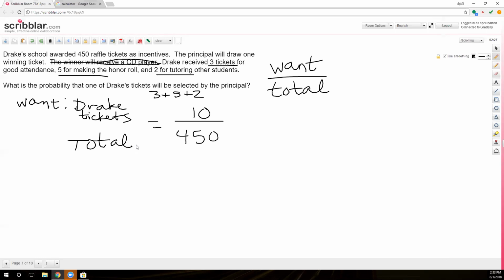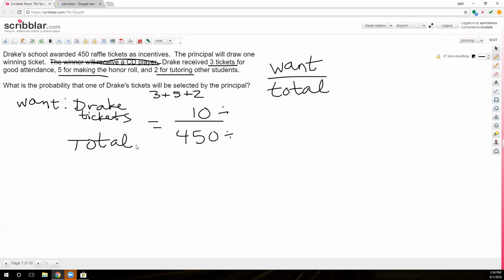So our first option of how to write the answer was to reduce this fraction. Is there anything that divides into both 10 and into 450? Two works. Can anyone think of a bigger number? 2 does work, and it's definitely a great option. 10 is a bigger number.